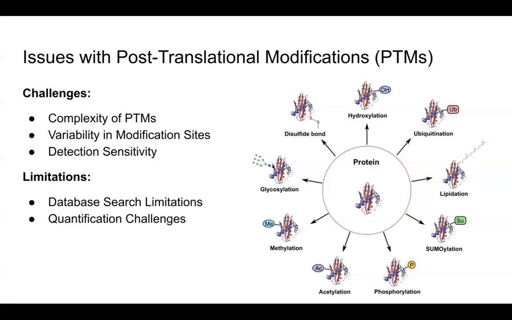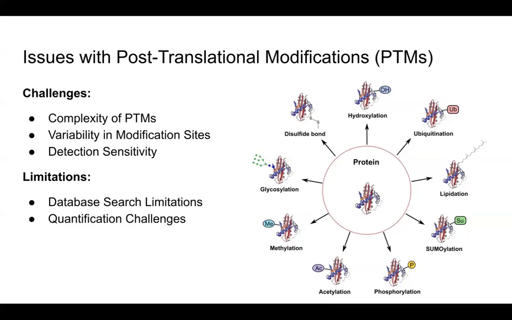And then finally, in terms of challenges, some PTMs are present in low abundance and may be masked by more abundant non-modified peptides during analysis. So this leads to underreporting or missed identification. So our current limitations in terms of technology is that many database search algorithms may not adequately account for all possible PTMs, which can lead to incomplete identification.